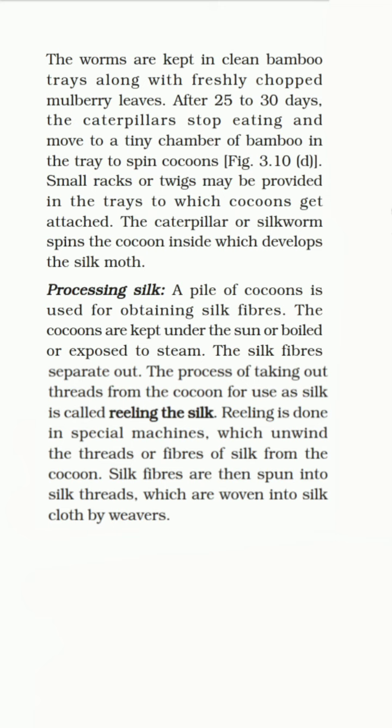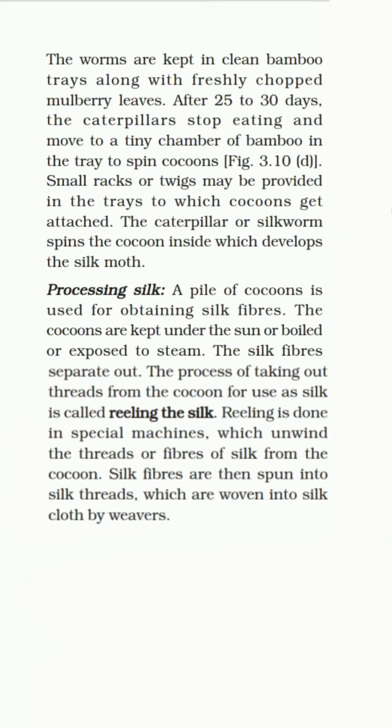Now class, coming to the next heading, that is processing silk. So a pile of cocoons is used for obtaining silk fibers. Pile means a lot of, or a layer-like thing. Okay. The cocoons are kept under the sun or boiled or exposed to steam. The silk fibers separate out.